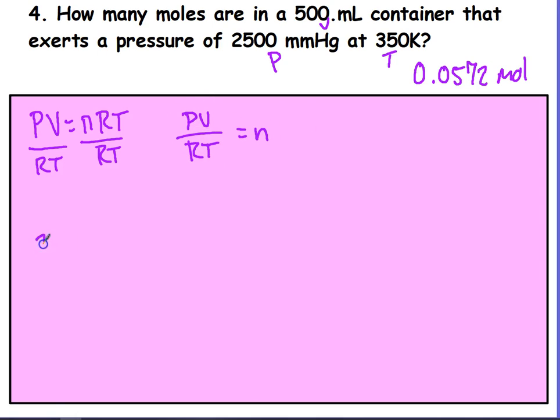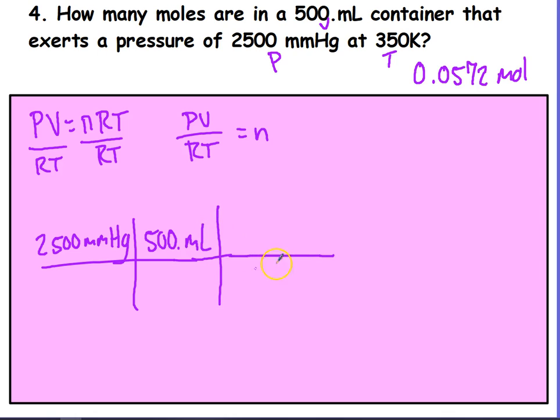Starting with the pressure, 2500 mmHg, times the volume, 500 milliliters, divided by R, remember R needs its own column, divided by temperature, 350.